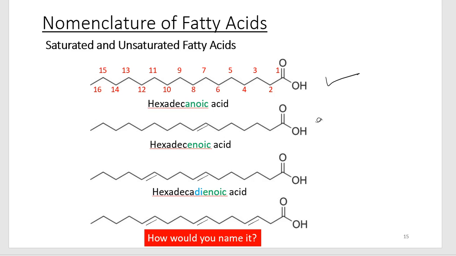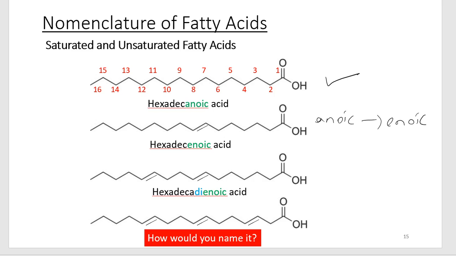Then anoic becomes enoic. Okay? In the IUPAC system, the anoic designation is changed to enoic to show the presence of a double bond, one double bond.